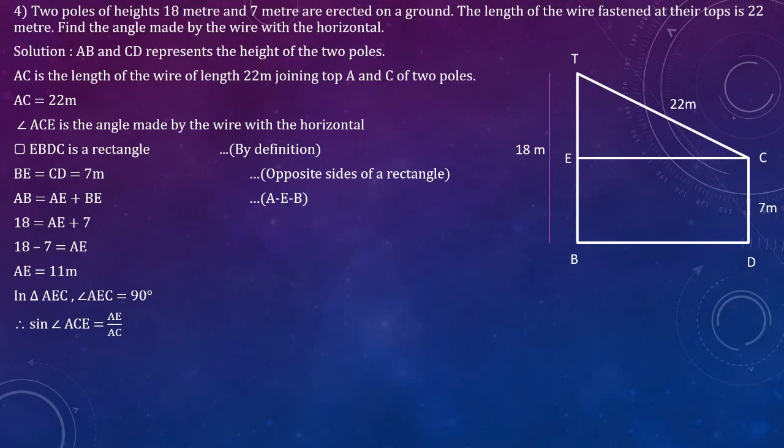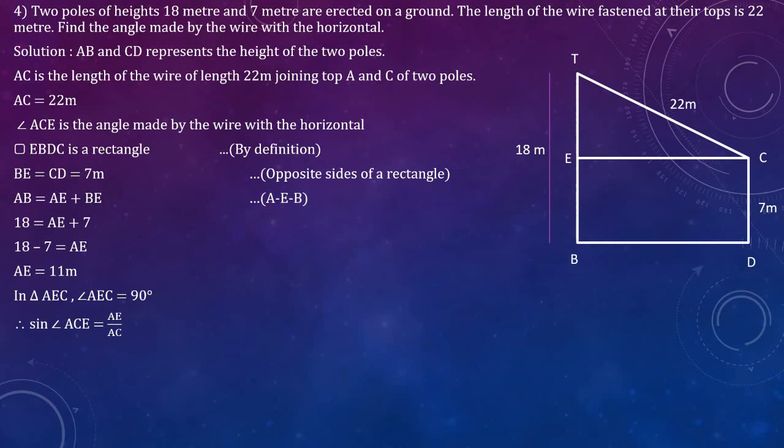So we can use sine ratio because we have hypotenuse side and opposite side. The trigonometric ratio which is related to opposite and hypotenuse side is sine ratio. So sine of angle ACE is equal to opposite upon hypotenuse, which is equal to AE upon AC.